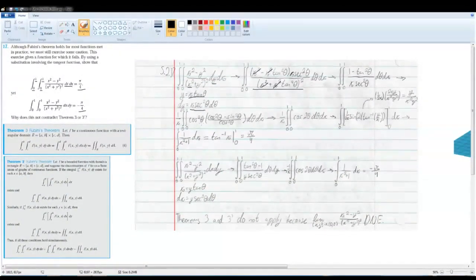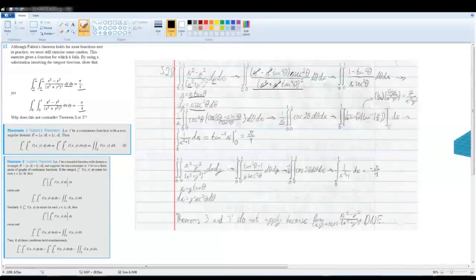By replacing tan squared theta with sine squared theta over cosine squared theta, and secant squared theta with 1 over cosine squared theta, we get cosine squared theta minus sine squared theta, which is equal to cosine 2 theta.